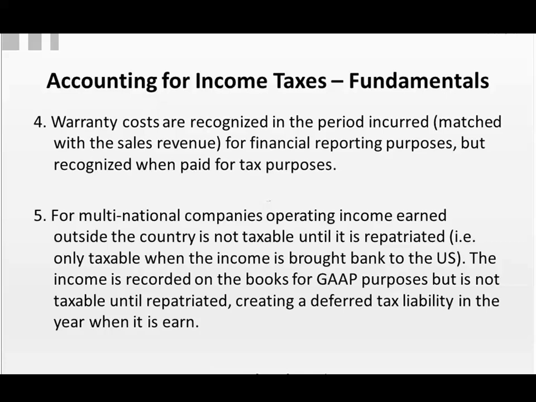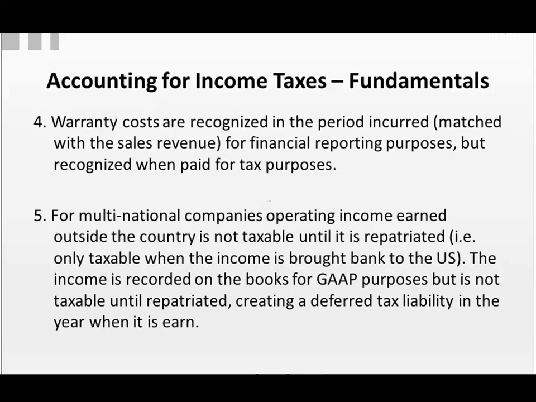So you had to set up estimated warranty costs on the GAAP financial statements based on your estimate of how many people are going to bring back the toaster because it's defective, and honor the warranty. But you couldn't deduct that warranty cost until the toaster was brought back and a new toaster was issued.